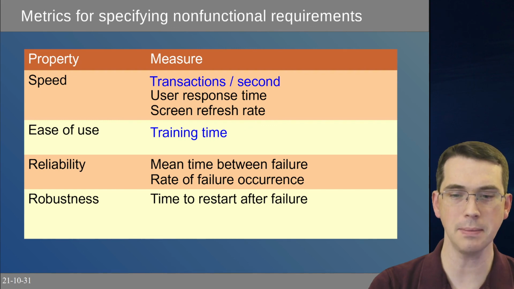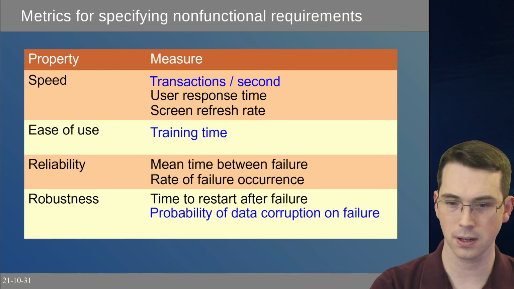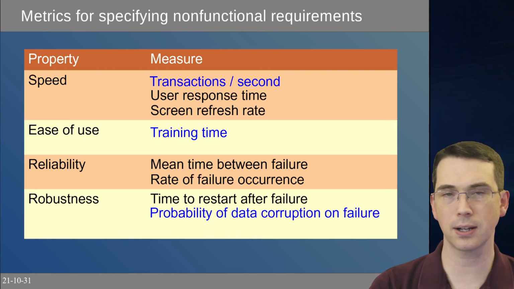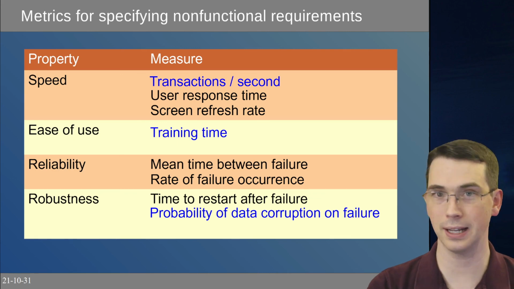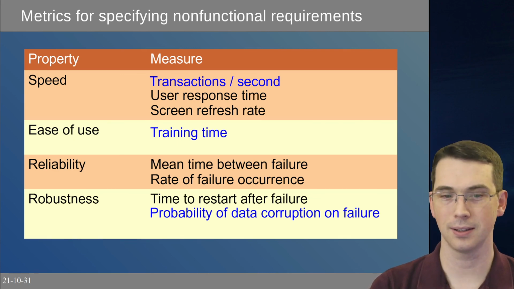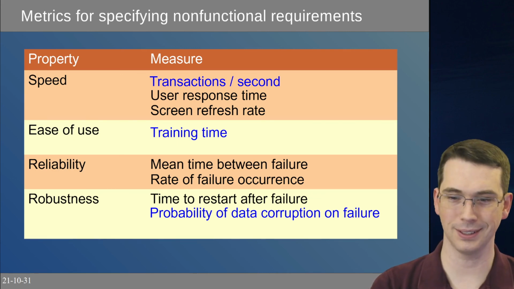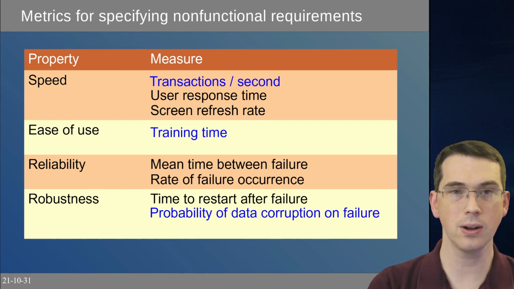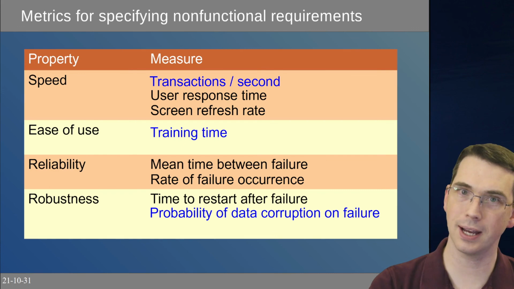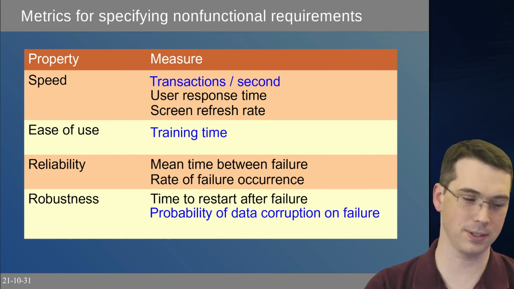Robustness would be the time it takes to restart after a failure, or the probability of data corruption on failure. So you can have a robust system that fails often, but it comes back online quickly and doesn't corrupt its data. So it's robust, but not reliable. Or you can have a reliable system that's not robust. It only crashes once a year, but when it does, it's down for a week and you can't get half your data back.